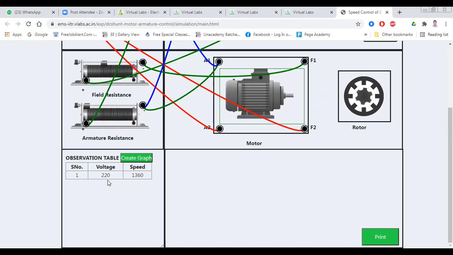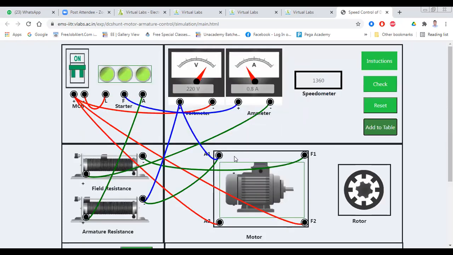The rated voltage is near about 220 to 230, and the rated speed of the motor is near about how much? 1500 RPM. So when we click add to table, all the data is automatically stored in the table.